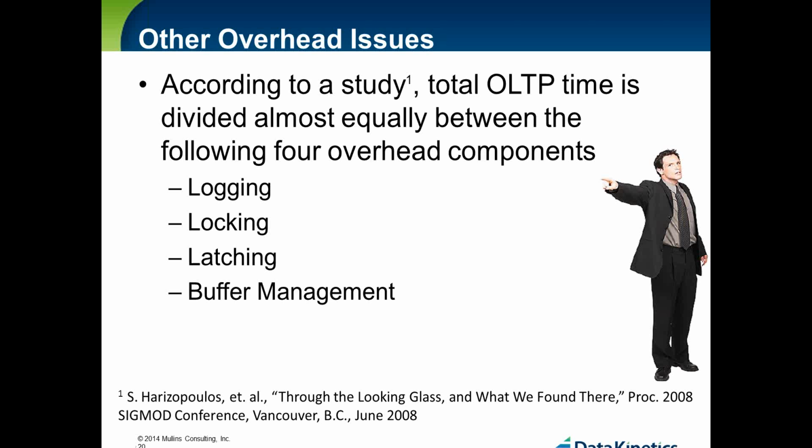A recent study referenced here at the bottom of the slide indicated that the total overhead of OLTP, online transaction processing, is divided up almost equally into logging, locking, latching, and buffer management. What if you could remove some of these, or maybe all of them, from the equation?